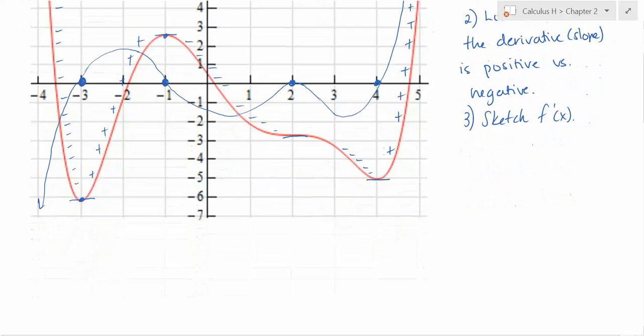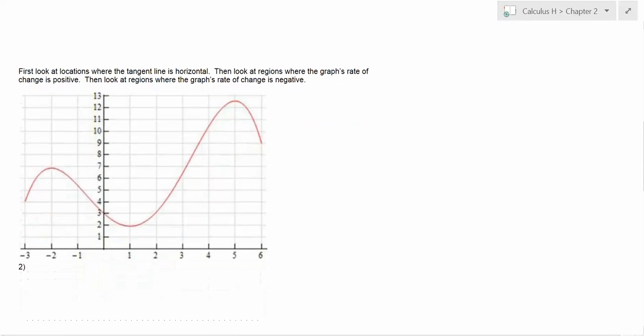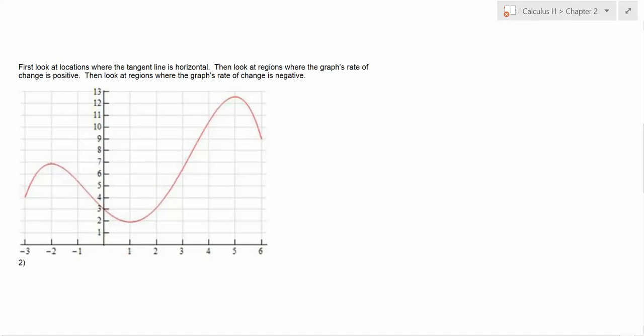Okay, so let's look at another instance. The second one here. So again, first we're going to find where my slope is 0. So I'm going to plot those points, horizontal tangent lines. Okay, and then I'm going to put down where my slope is positive, where it's negative, positive, and negative.